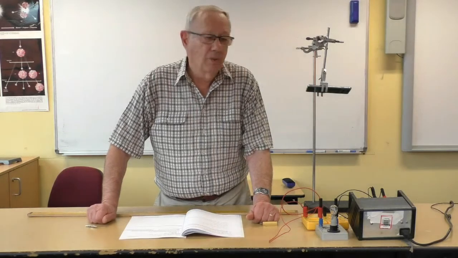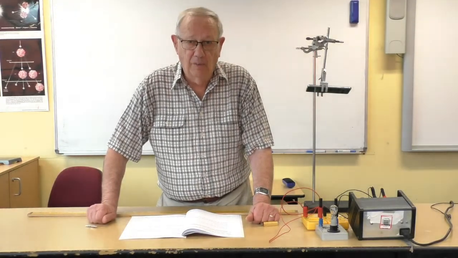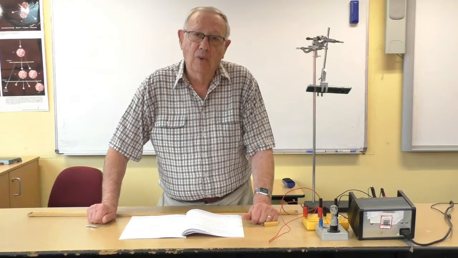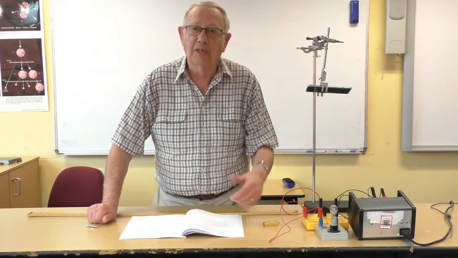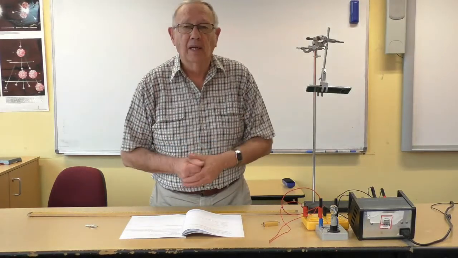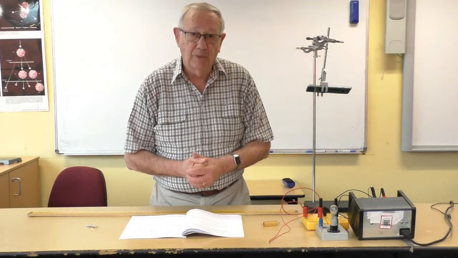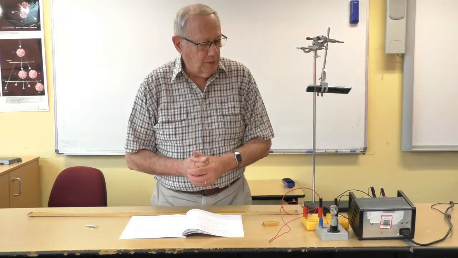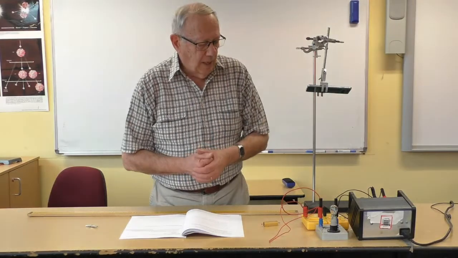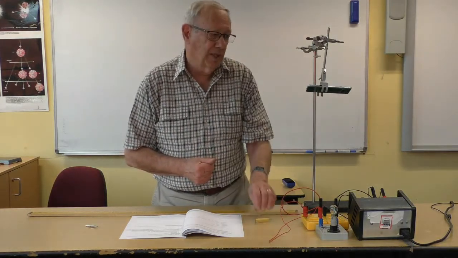And that was the conclusion of Ohm, and that is his law, Ohm's law, that the ratio of the potential difference to the current in a conductor is a constant value, and we call that the resistance. Well, we're going to explore that, as I say, with the incandescent globe and with this second resistor.